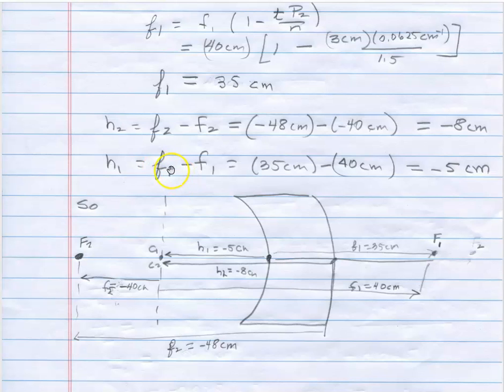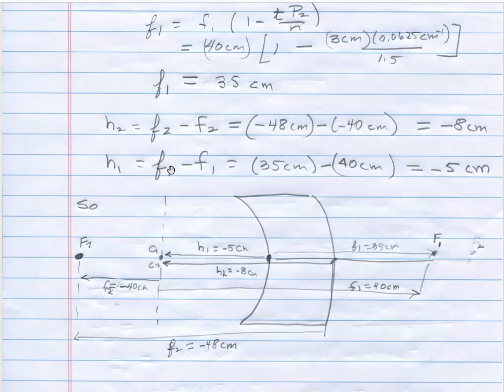Okay. So either way, you get a diagram that looks something like this, and that is really sort of as complicated as these kinds of problems get. You can have different curvature surfaces, and one could be flat, or one could be convex, and one could be concave. So it's just mix and matching and doing that same procedure over and over again.